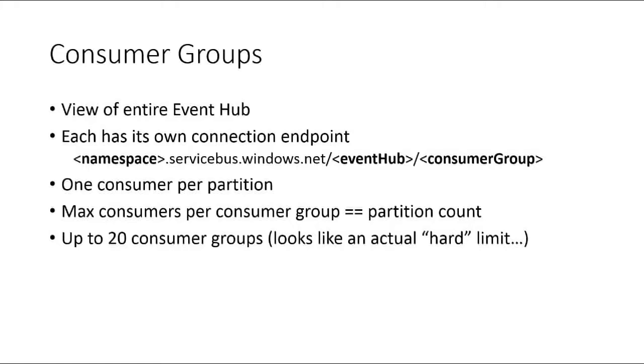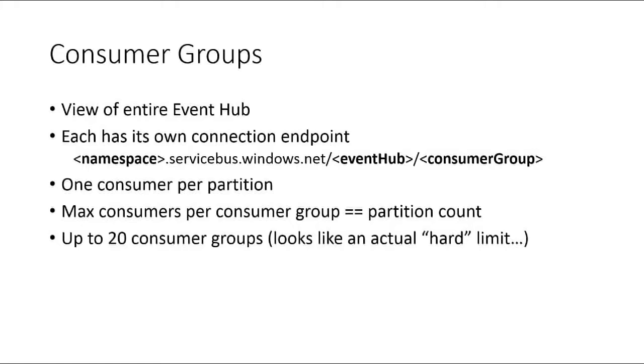And the way they work as a view into the Event Hub is that the consumers within a consumer group keep track of how far they are into the Event Hub, and each consumer group has their own state for how far they are in the Event Hub. They are completely independent. They each have their own connection string to connect to it.